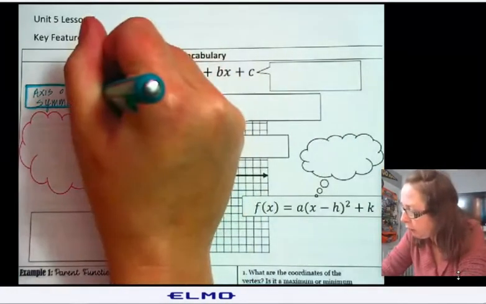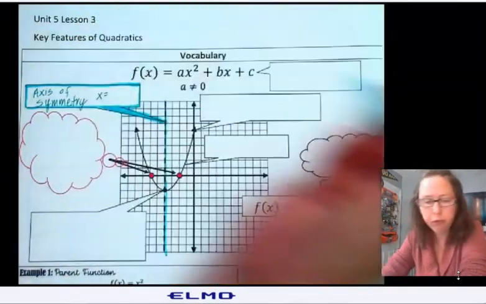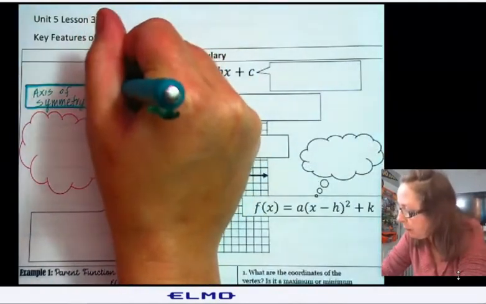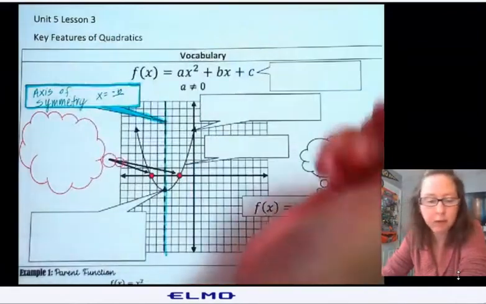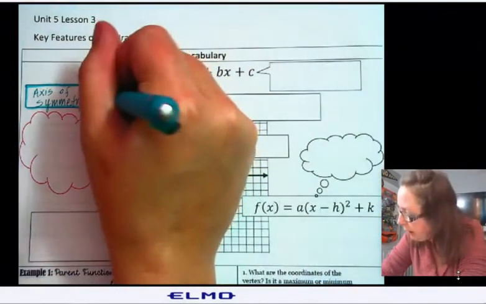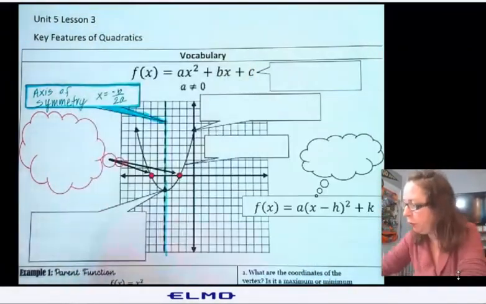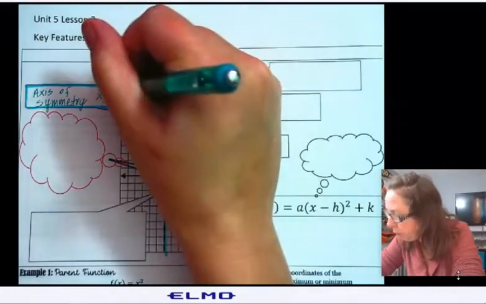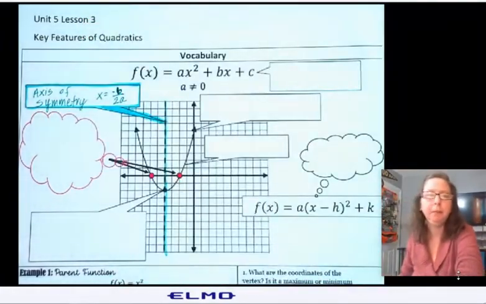The equation we use to find the axis of symmetry is x equals negative b divided by 2a.